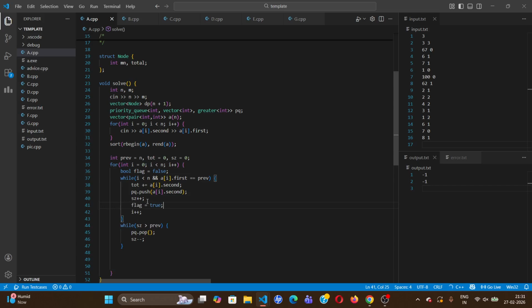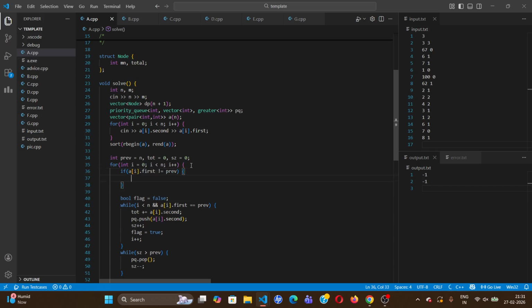I don't think it needed. If it is not equals to previous, then previous equals to a[i].first.